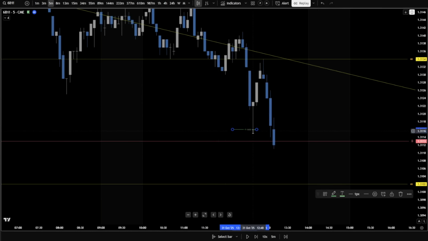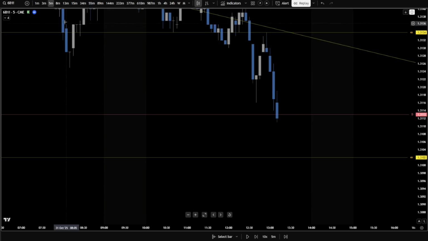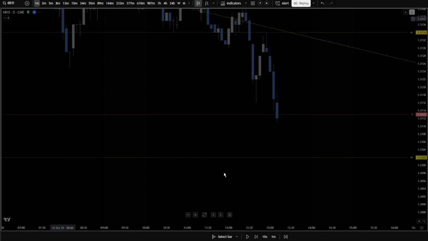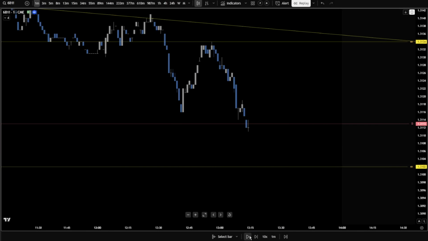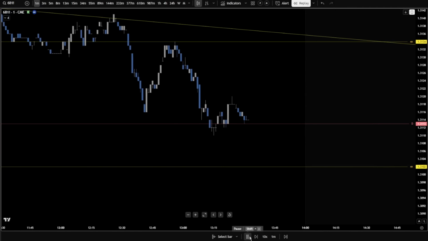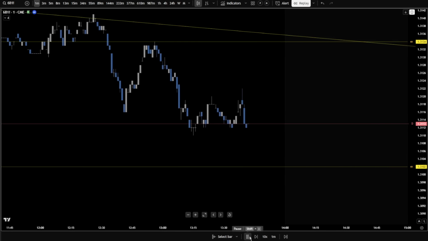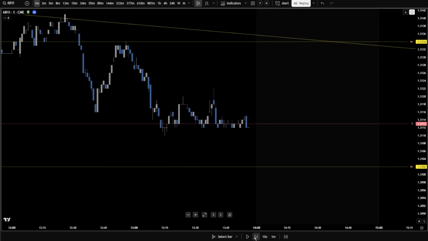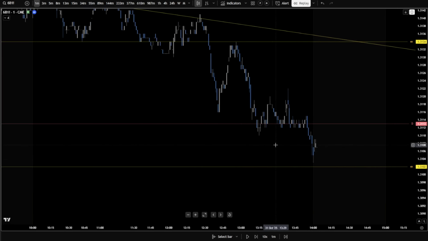This is just a touch. What I was hoping for is just the price stopping here, creating liquidity, and then make a touch. This is not good enough, so I still wait. I go on lower time frame. Okay, now we're here.